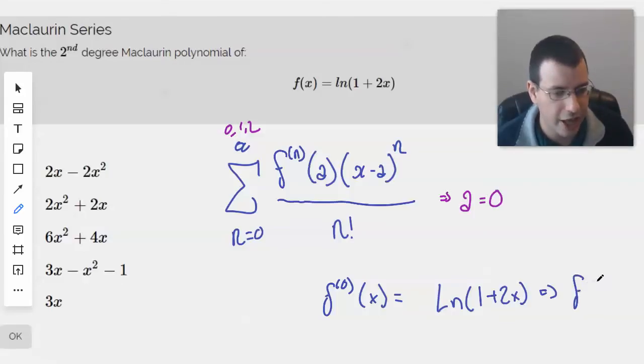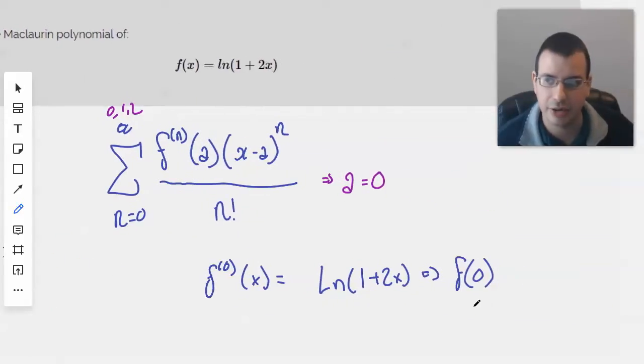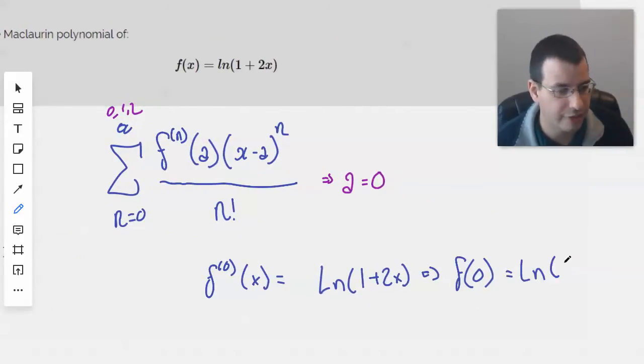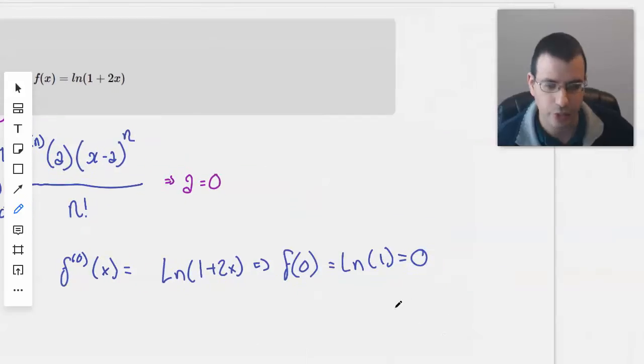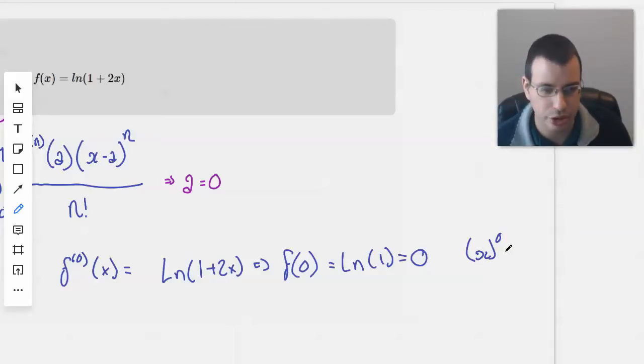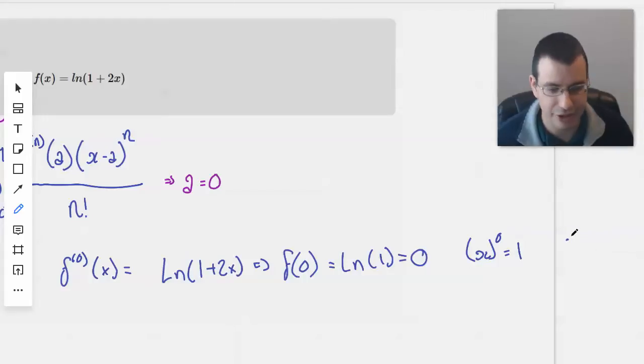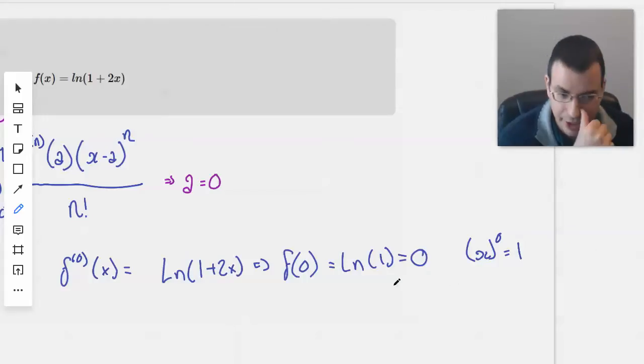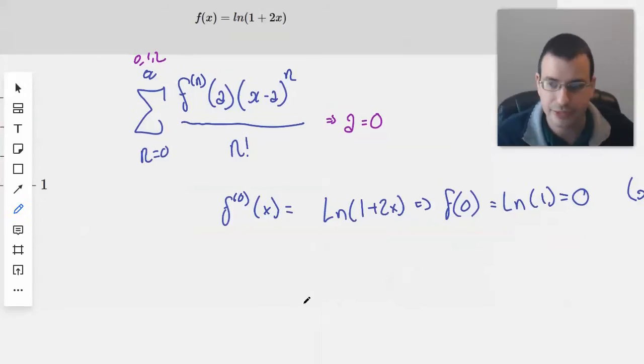Therefore, f of 0, since this is a Maclaurin, equals natural log of 1, which equals 0. And then we know that the next term is going to be x to the 0, which will equal 1. And then we'll have 0 factorial, which we're not going to write down because we can remember that.